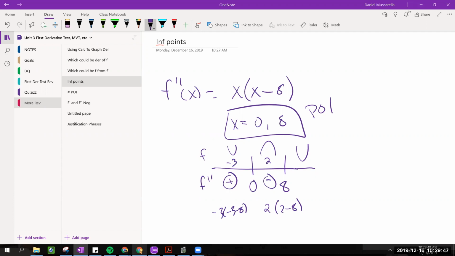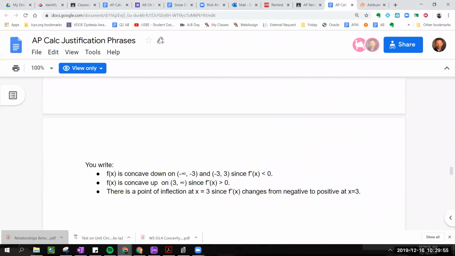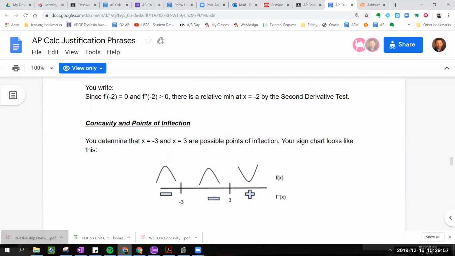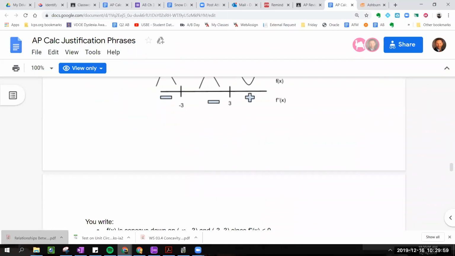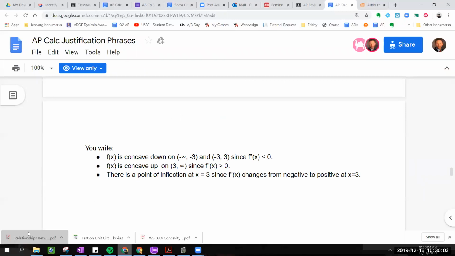So let me go back to the justification part on that. How would you justify? Do you mind walking me through it? That's a good question. You would justify it like this. There's a point of inflection at x equals whatever the value is, since f double prime of x changes from positive to negative. It sounds like the same justifying as when you do a max or a min using the first derivative test.